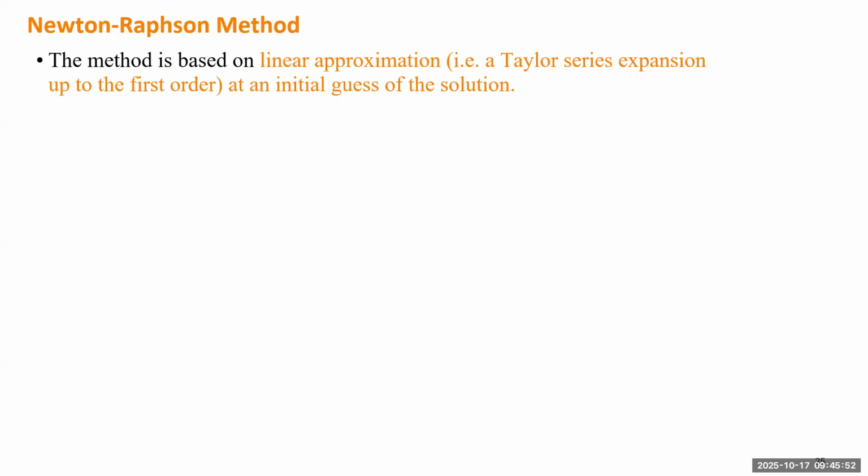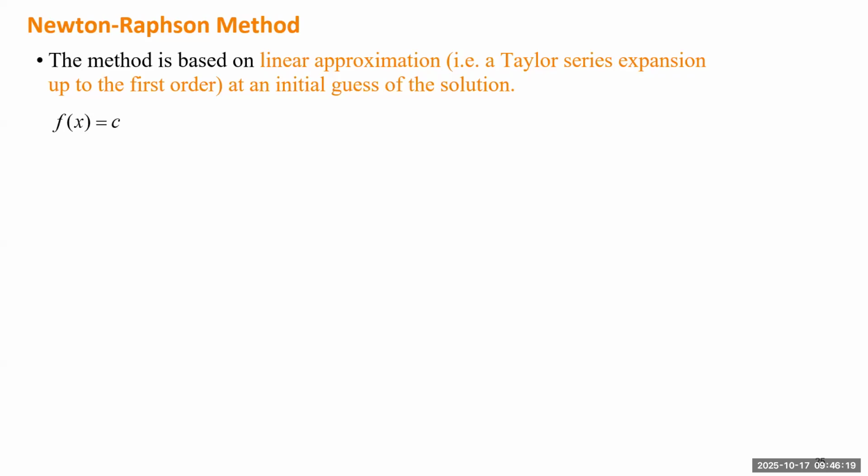A linear approximation means if you want to solve nonlinear equations with nonlinear functions, you can do a Taylor expansion on those functions, and you just keep the first order term, the linear term, and ignore the other terms. It's still a method based on iteration, which means you need to give an initial estimate for the solution.